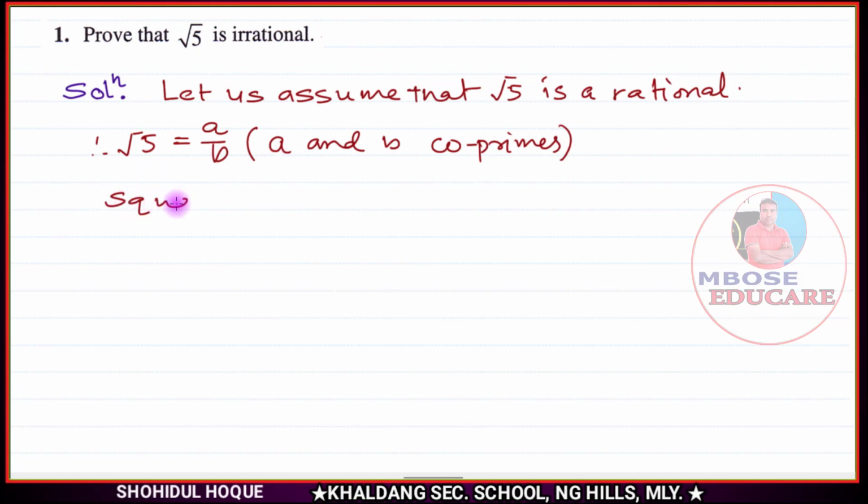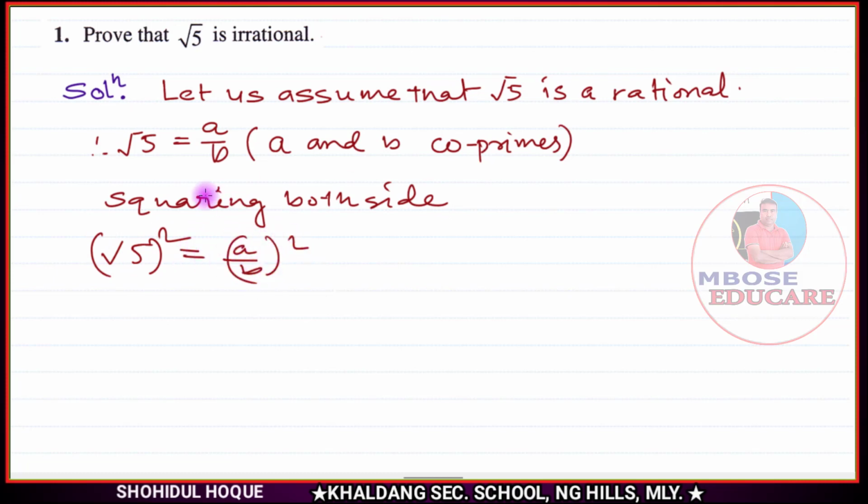Squaring both sides means root 5 also is squared and a by b also is squared. So we have written squaring both sides. What we shall get, the square cancels the root, so here will be 5 is equal to a square by b square.